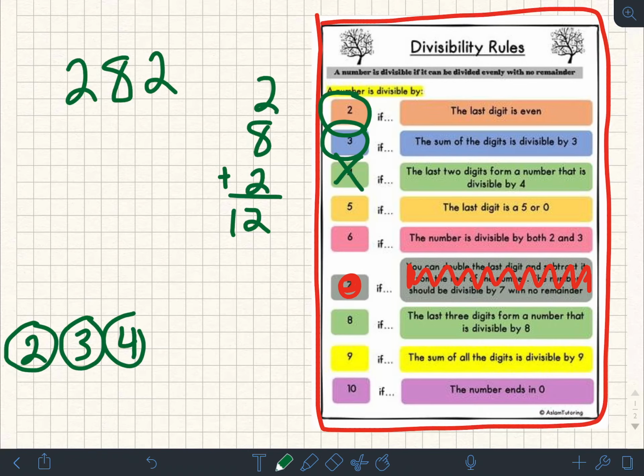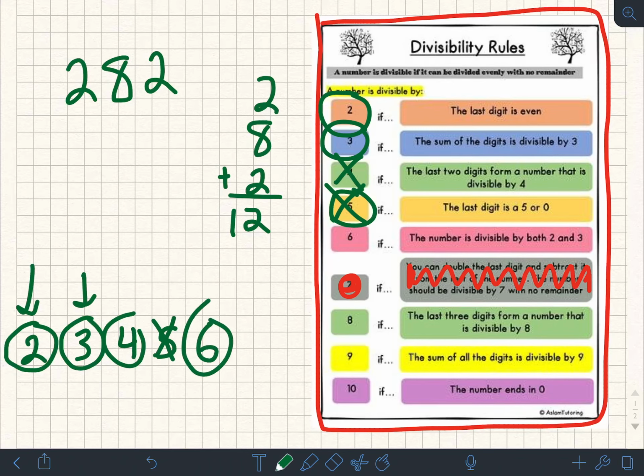The last digit is a 5 or a 0 for 5. And 2 is not 5 or 0, so not divisible. 6, if the number is divisible by both 2 and 3, it is divisible by 2 and 3, so it's also divisible by 6.